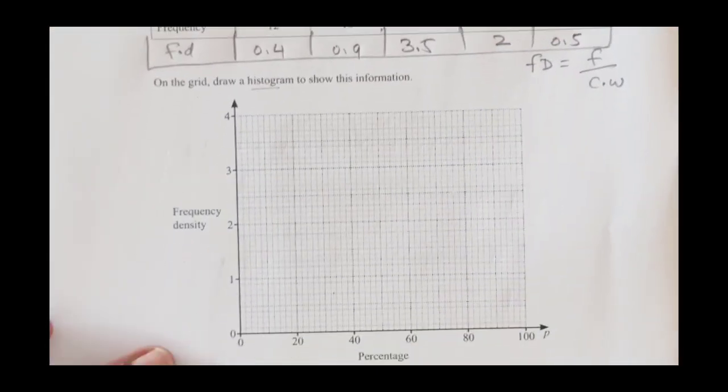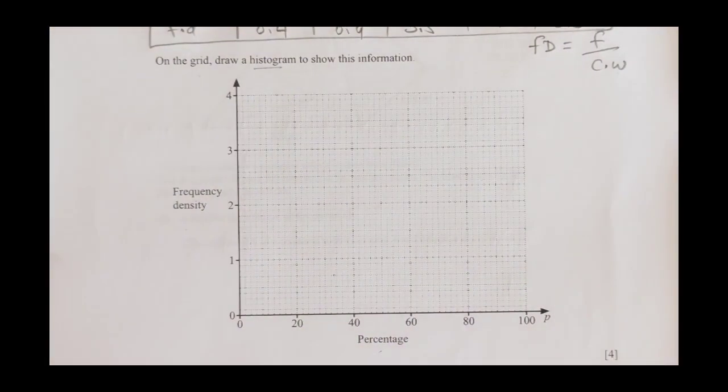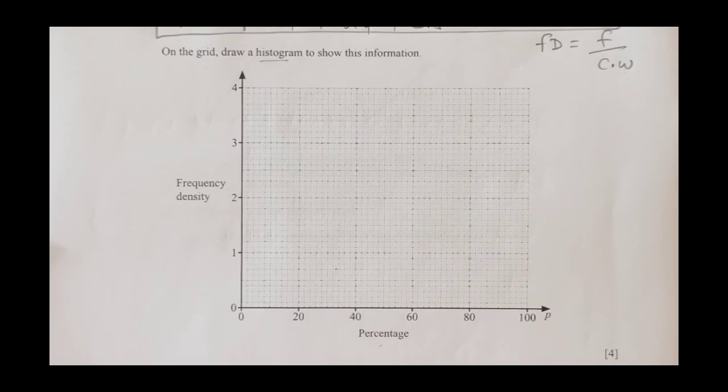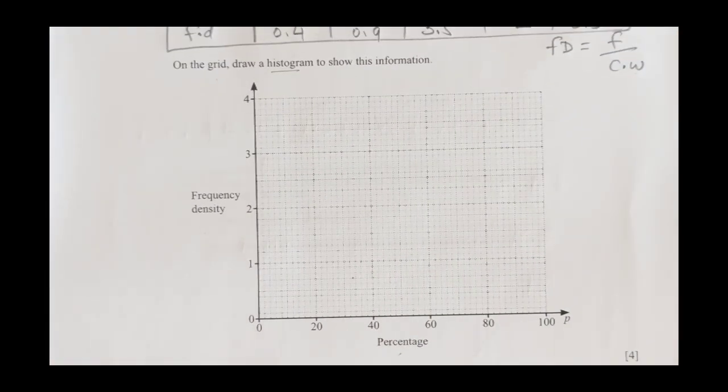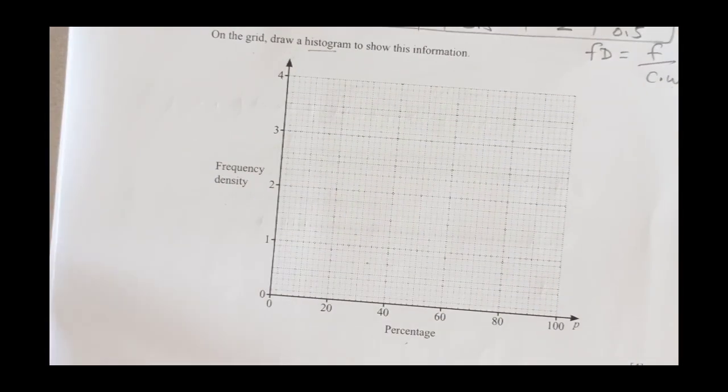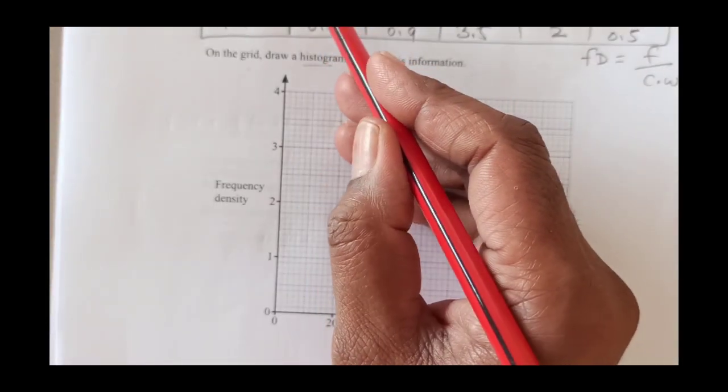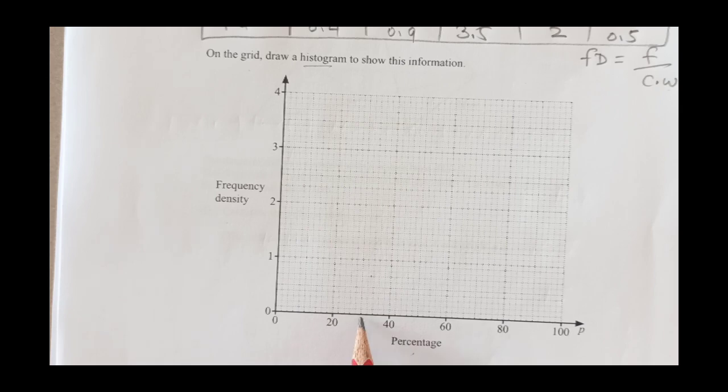Now we are just going to plot it on the grid, right? So we have frequency density along the vertical axis and the percentage on the horizontal axis. First of all, 0 to 30 will be up to here. So 0.4 is going to be here like this.